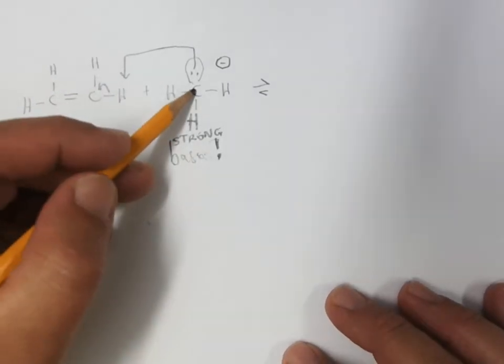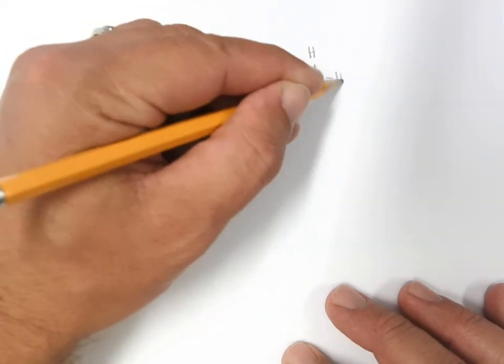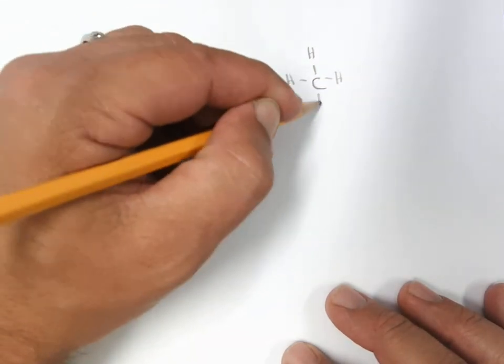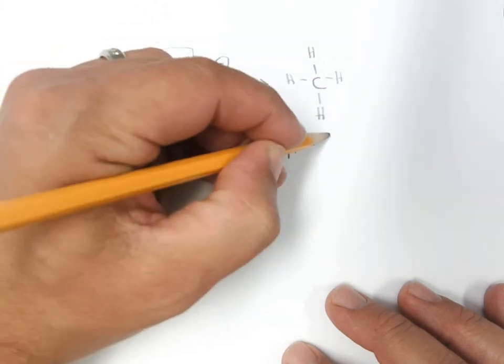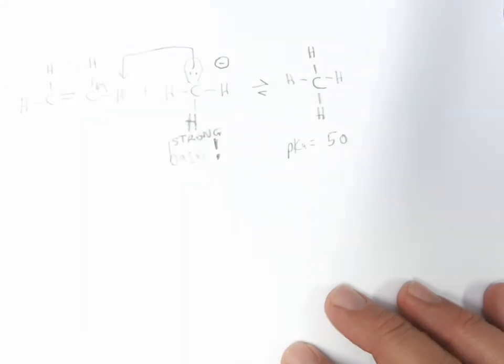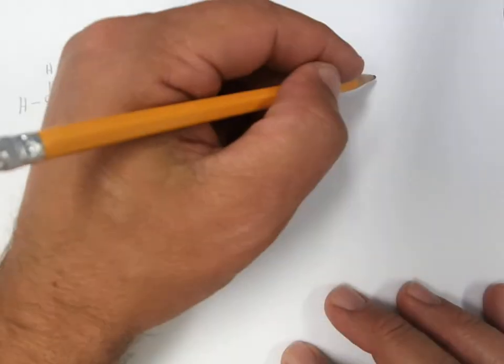So when we do that, we get the new carbon-hydrogen bond, and that makes our good familiar methane, which is pK equals 50, right? pK equals 50, so very weak.